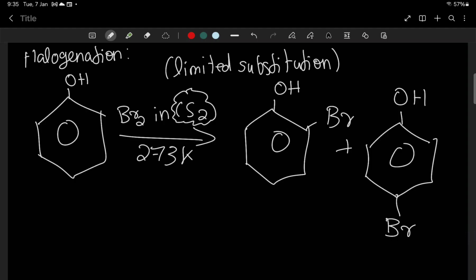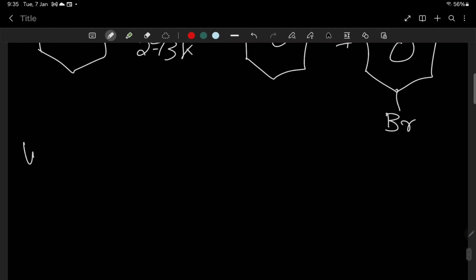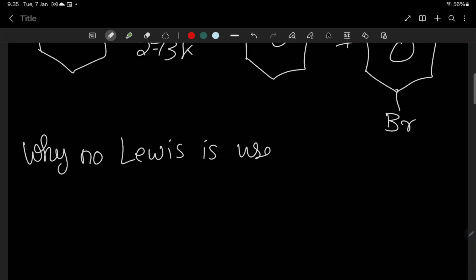The usual halogenation of benzene takes place in the presence of a Lewis acid such as FeBr3, which polarizes the halogen molecule. In case of phenol, polarization of the bromine molecule takes place even in the absence of Lewis acid. Why is no Lewis acid used here? Usually in halogenation we should use AlCl3 or FeCl3, as in haloarenes.